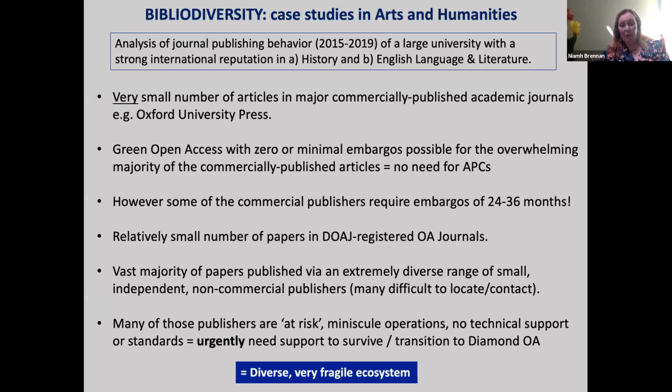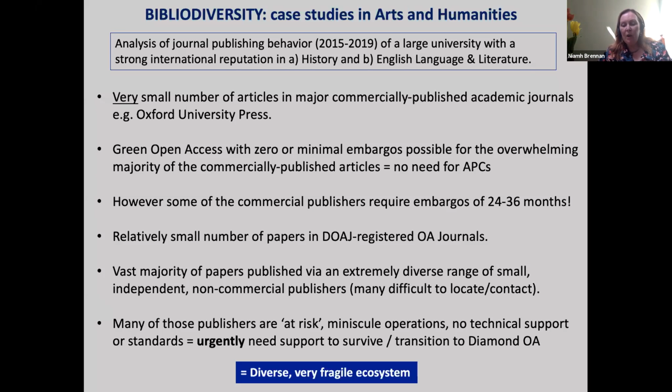The vast majority of the papers published were via an extremely diverse range of small, independent, non-commercial journals, many of whom are difficult to locate or contact. The University of Iowa, somebody working in an office there, probably in the middle of the night. And that's where a lot of our people are publishing a single paper in a multitude of journals.